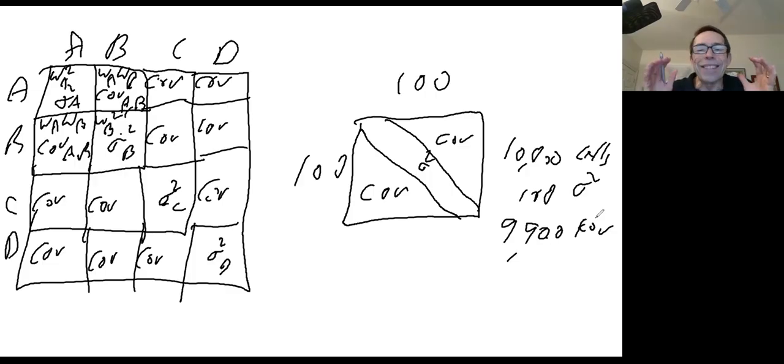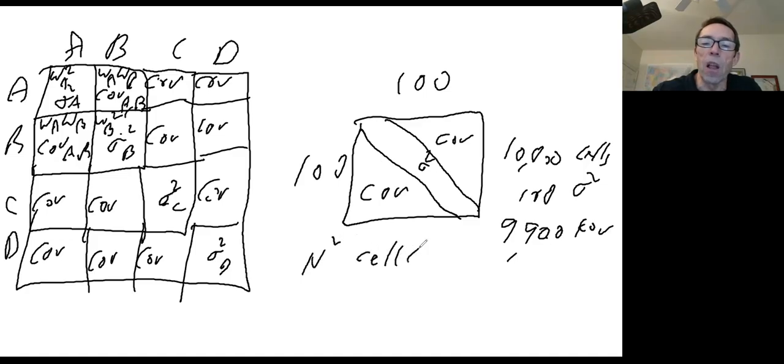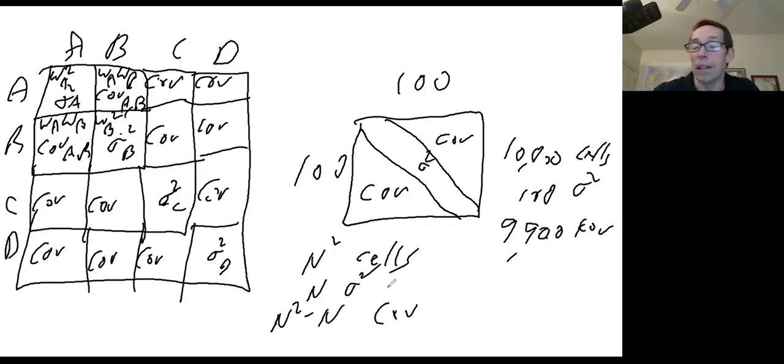See, if I've got, let's say, n assets in the portfolio, then the number of cells in my matrix is going to be equal to n squared. That's how many cells I'll have. The number of variance cells will be 1 for each asset, so there will be n variance cells. And therefore, the number of covariance cells is going to be n squared minus n, or we can say it's n times n minus 1.